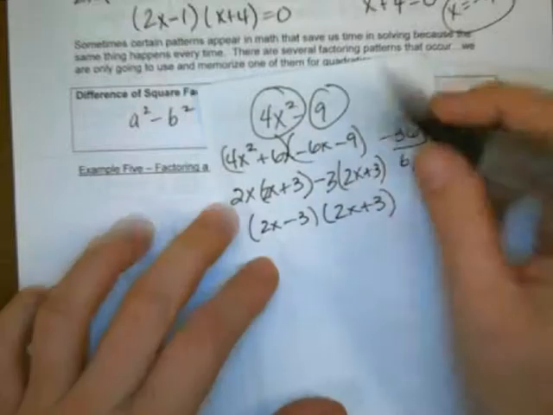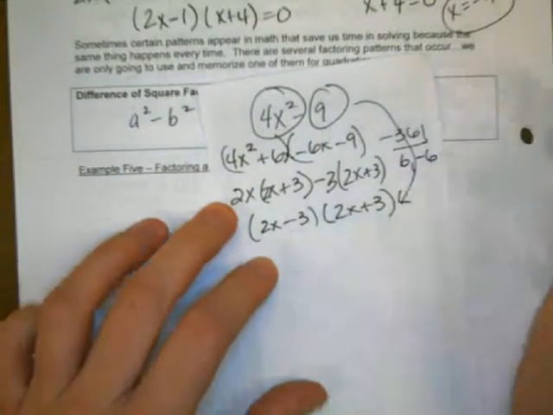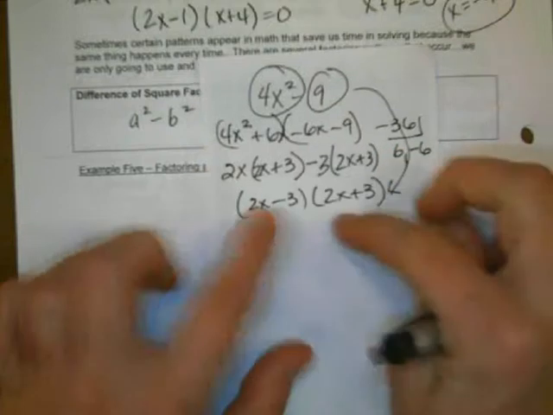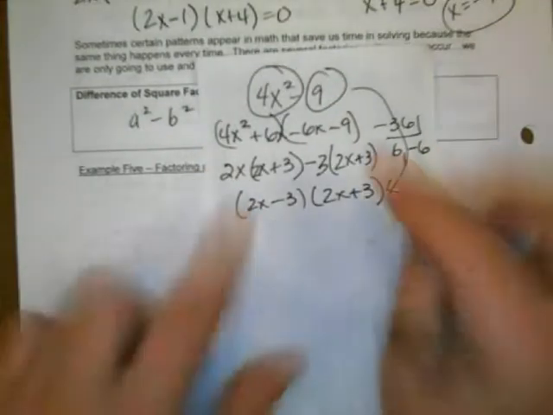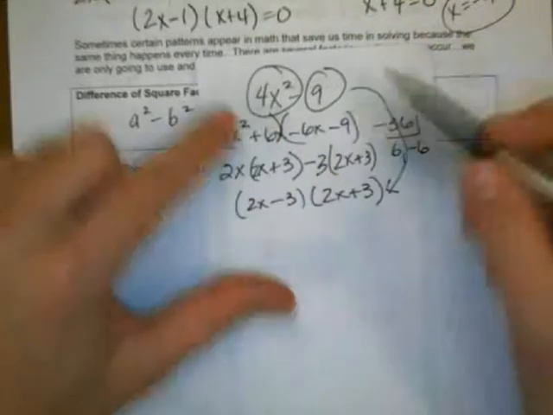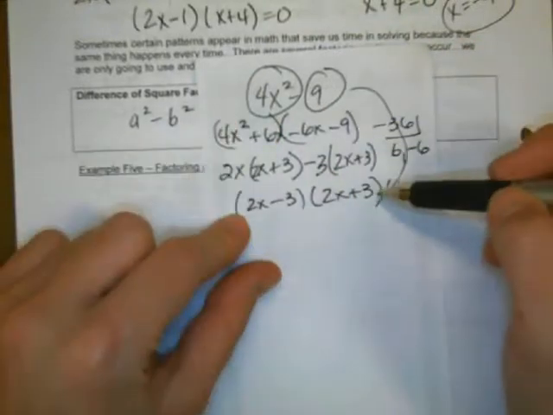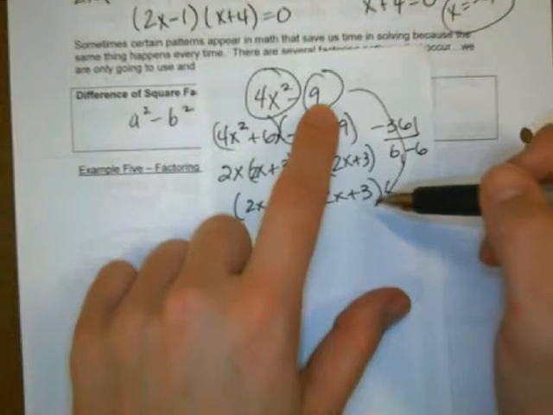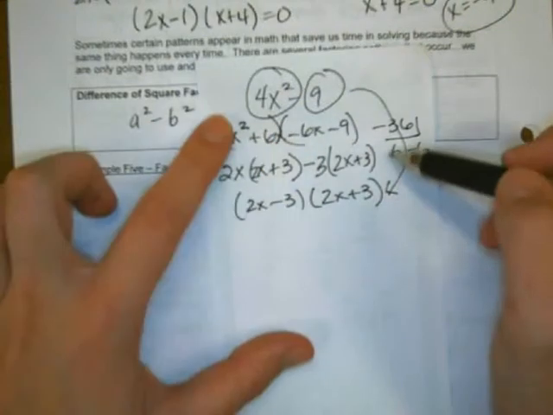You'll always get two parentheses that look exactly the same, except one's positive and one's negative, and the terms in them are the square roots of those two. So instead of doing all this work every time, if you notice you have a difference of squares, you can shortcut and go from this step to this step.